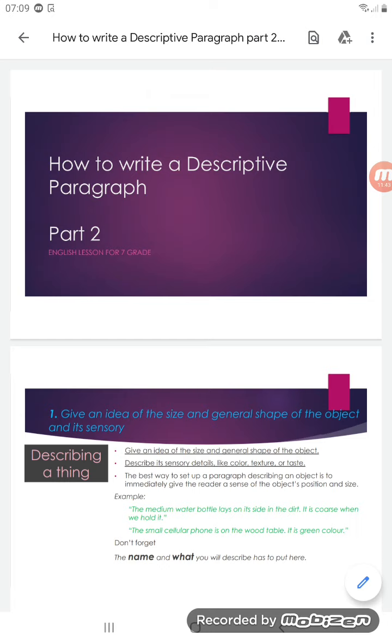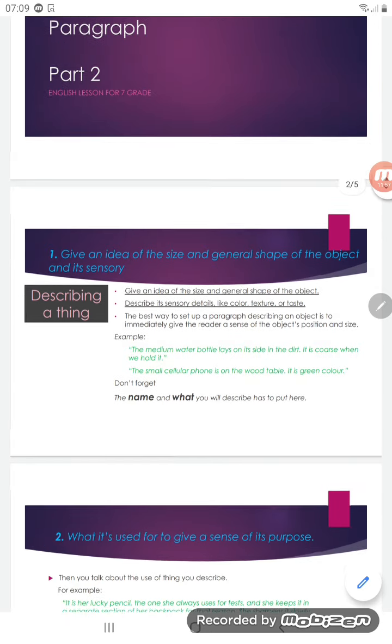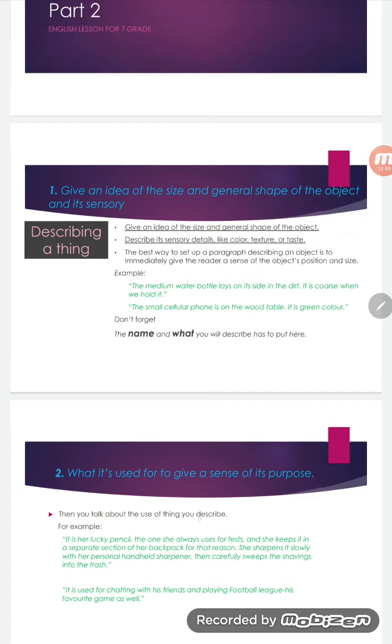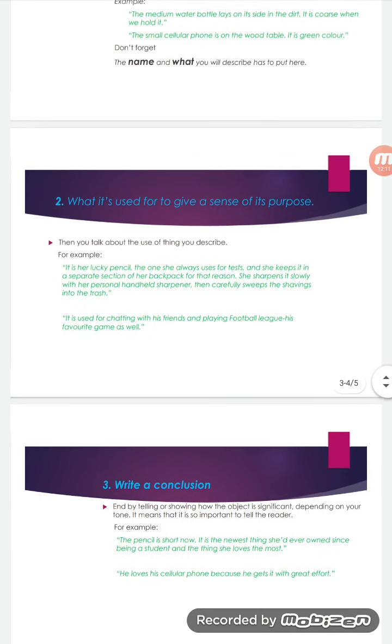How to write a descriptive paragraph in part 2. Describing a thing. The first is give an idea of the size and general shape of the object and its sensory. And then the second, what it's used for, to give a sense of its purpose. It means that utility, right? Kegunaan. And then the third is write a conclusion.